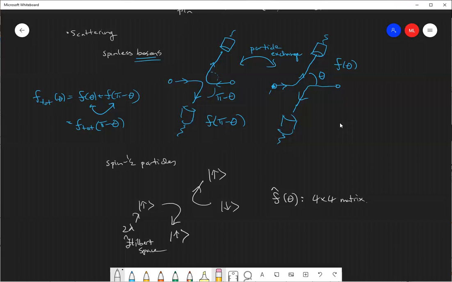But we do know something. We know that the total angular momentum during this process should be conserved, which means that if the two spins originally have some angular momentum, then that angular momentum should remain the same after the scattering. And so that means that during the collision, if the spins are in a singlet state, then they should remain in the singlet state.